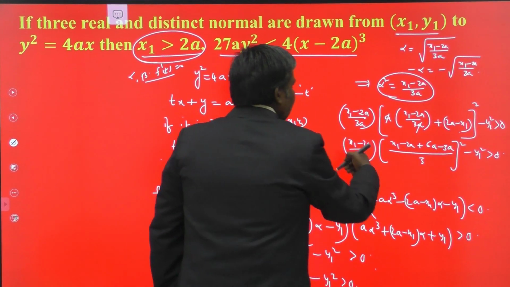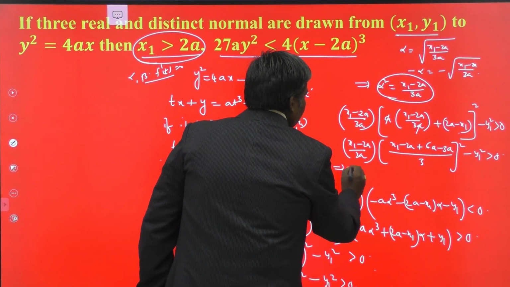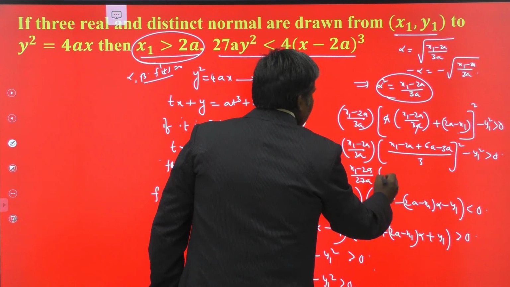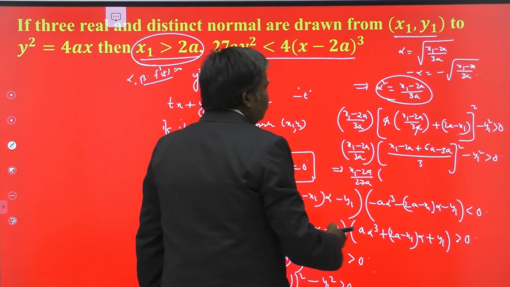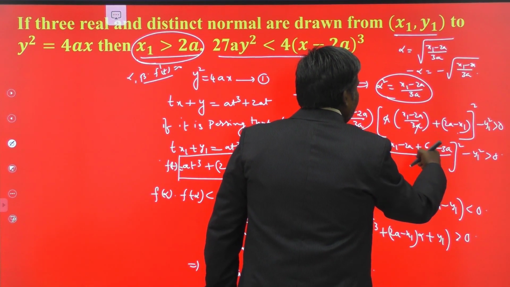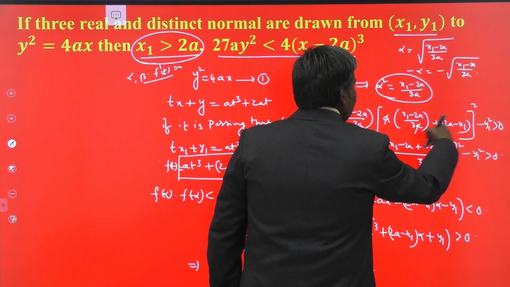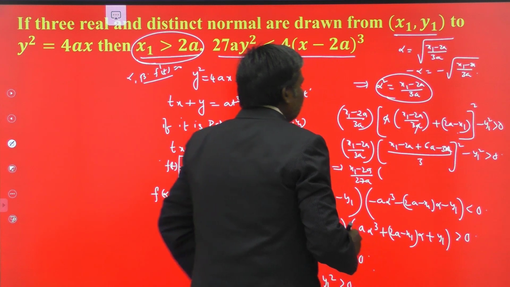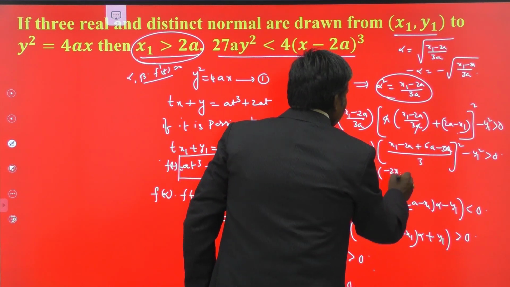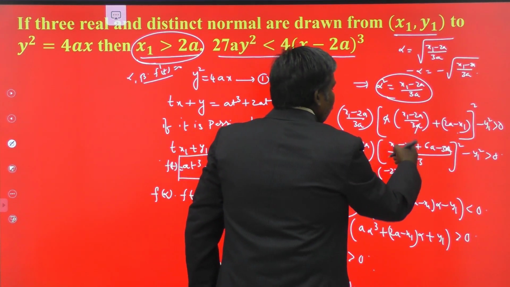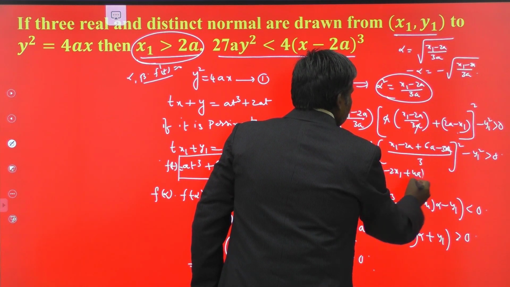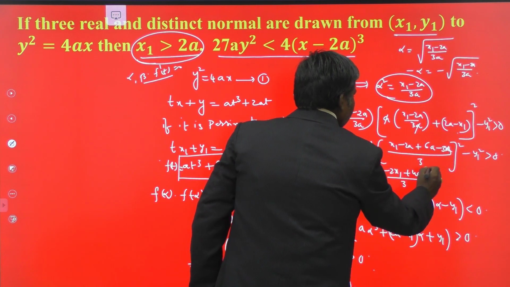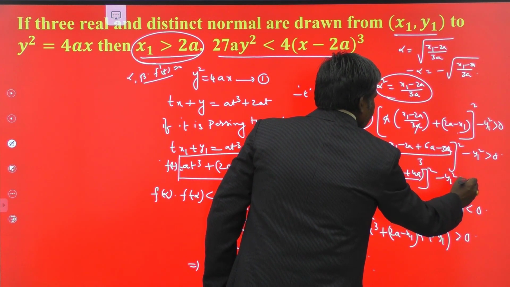So 3 square is 9, 9 3s are 27, x1 minus 2a by 27a into, this is x1, 2a minus x1, this is 6a minus 3x1, x1 minus 3x1 minus 2x1, this is 4a minus 2x1 by 3 whole square minus y1 square greater than 0.